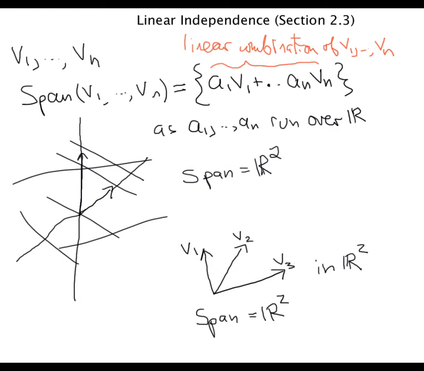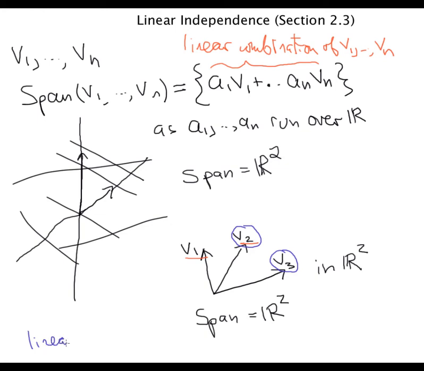I could have taken just the span of v1 and v2, or I could have taken the span of v2 and v3. Either of those would have done. The span of two of those vectors is all of R2, and adding the third vector doesn't give you anything new. And the notion of linear dependence and independence makes this concept precise.